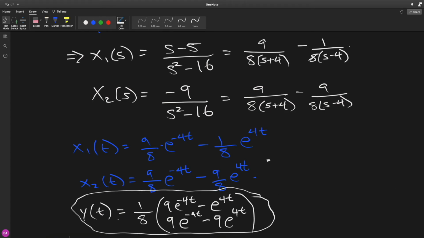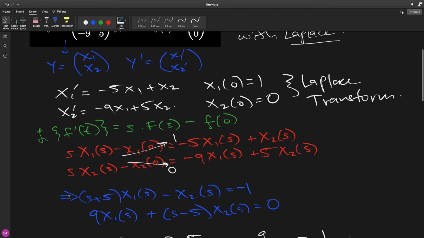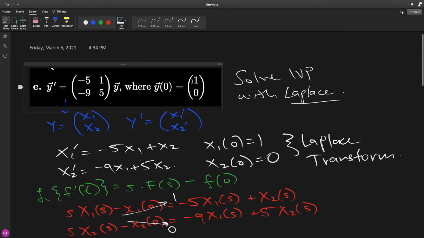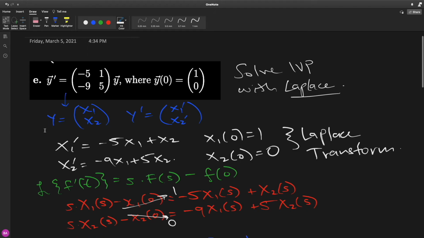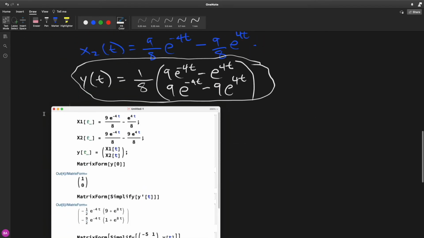And now if we want to check this, we can just plug this into Wolfram Alpha or any computing program, and make sure that our initial value matches up with 1, 0, and that our solution in y also matches our original differential equation. So instead of doing that by hand, I just plugged it in here.